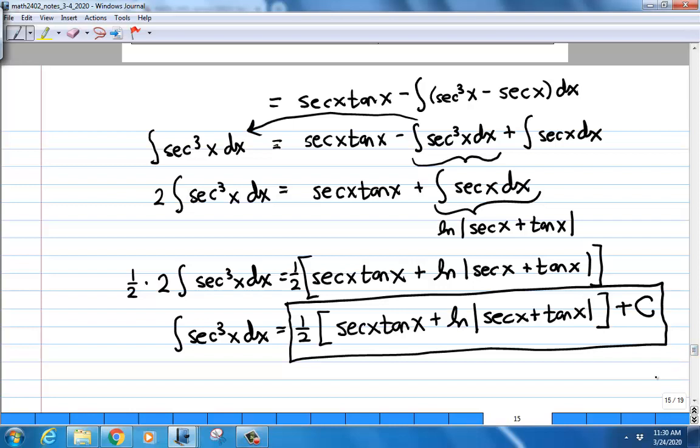I'm going to pause here for just a minute, and then we're going to continue with advanced integration techniques, but we're through with integration by parts. Now we're going to look at another technique called partial fractions. Sometimes the partial fractions problems are pretty challenging also.